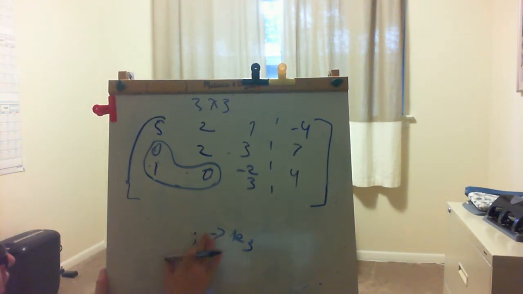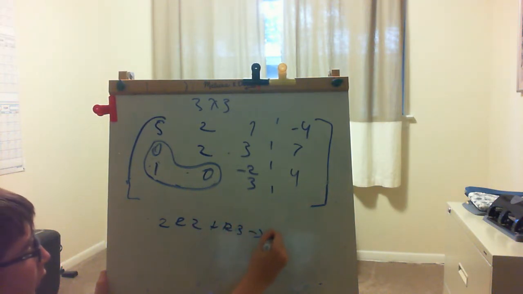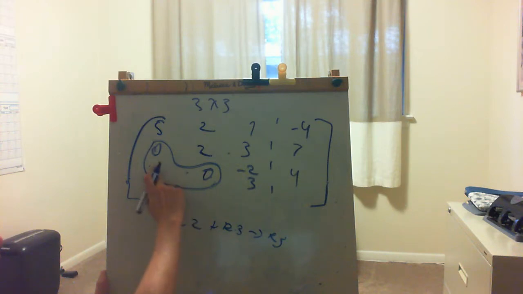And then when we get our actual solution, say we now do something weird to it. Say we do 2r2 plus r3 gives us r3, and then that changes it to, I don't know, but this would actually change it to 0.